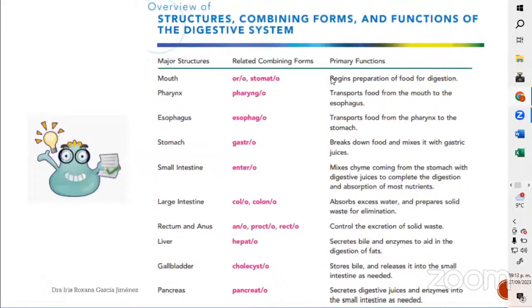Rinaldi, can you hear me? Yes, teacher. Please, can you read the major structure and the related combining form, please? Okay.